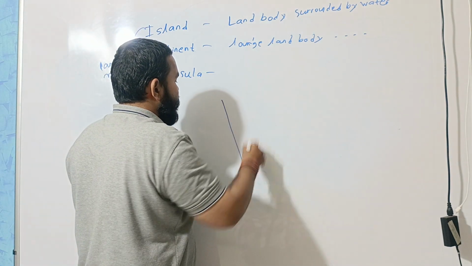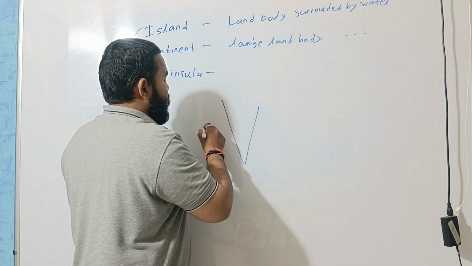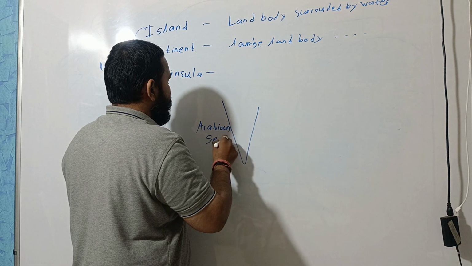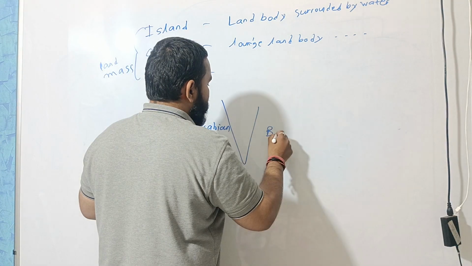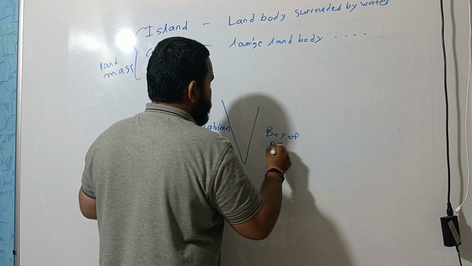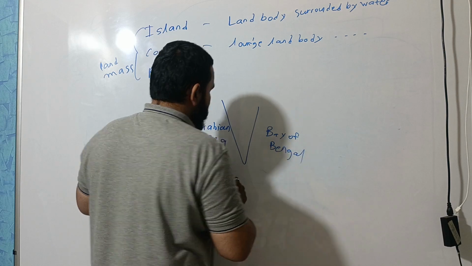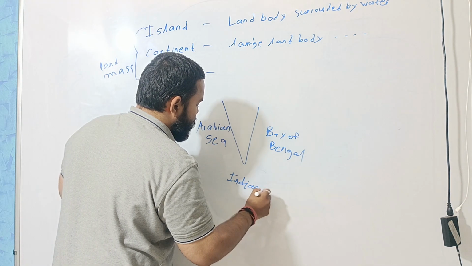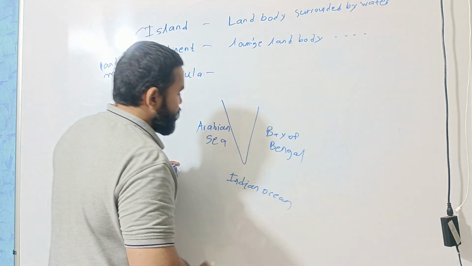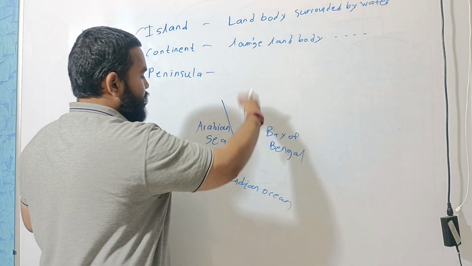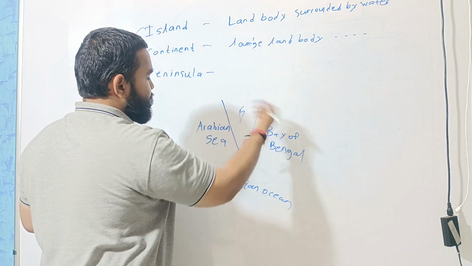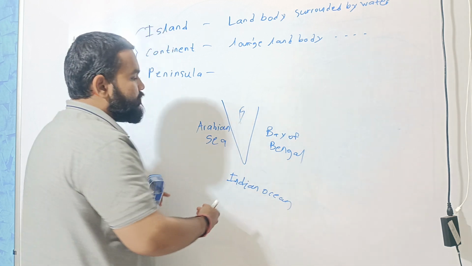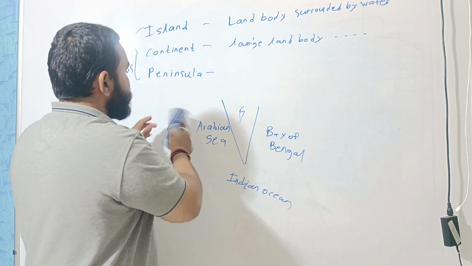For example, India is surrounded by the Arabian Sea, the Bay of Bengal, and the Indian Ocean. This is India, the southern part. The southern part is surrounded by three water bodies. That's why it is a peninsula.